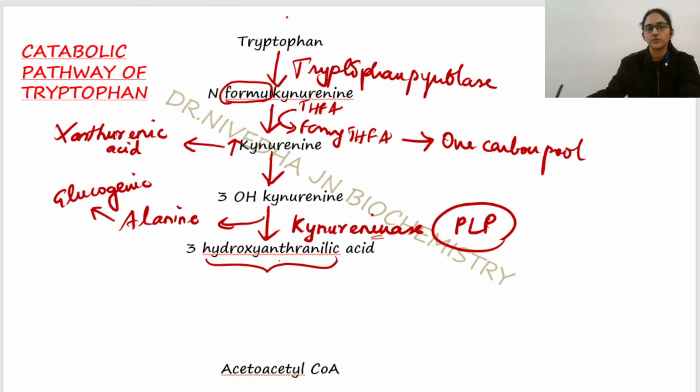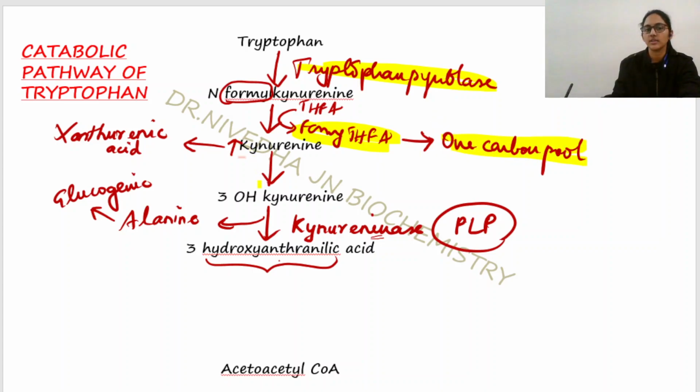Alright, let's again revise. Tryptophan is converted to N-formylkynurenine by the enzyme tryptophan pyrrolase. N-formylkynurenine goes to kynurenine, removing a formyl group. This formyl THFA now becomes a part of the one carbon pool.